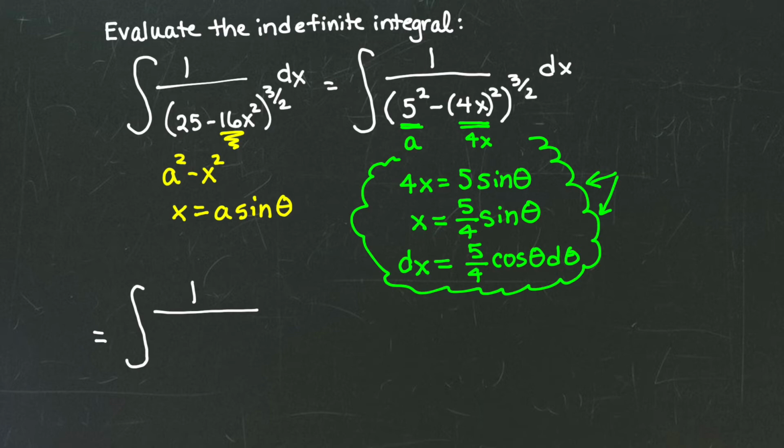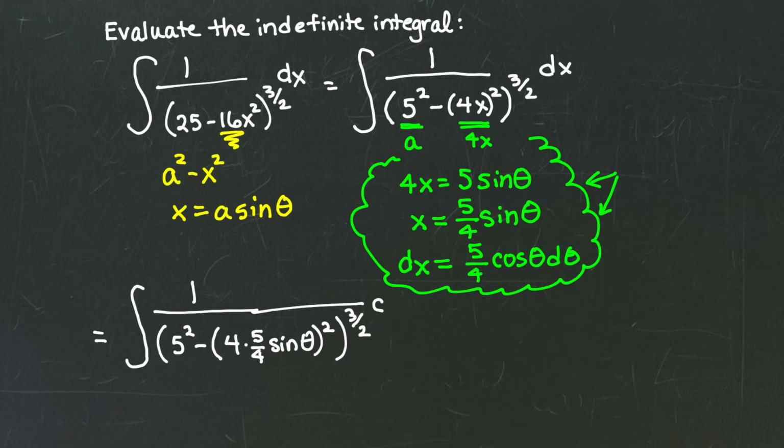So we get 1 over 5 squared minus 4 times 5/4 sine theta, all of that squared, raised to the 3/2 power. And in place of dx, we're replacing that with 5/4 cosine theta d theta.